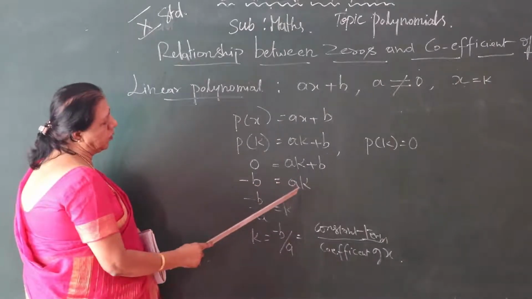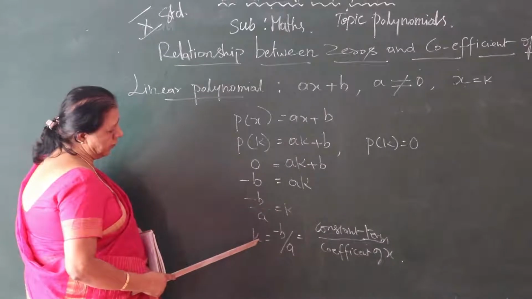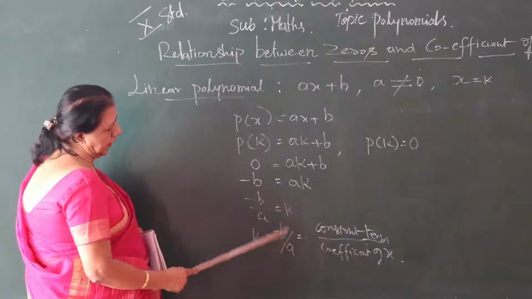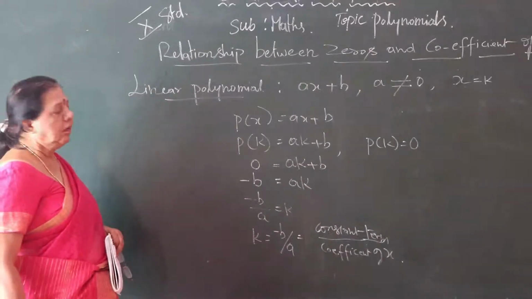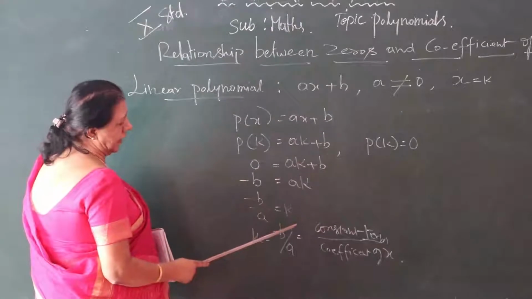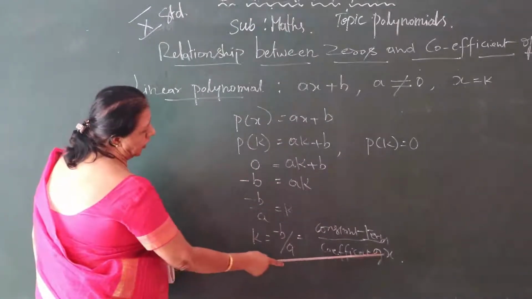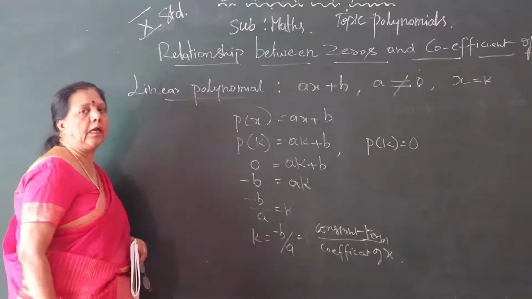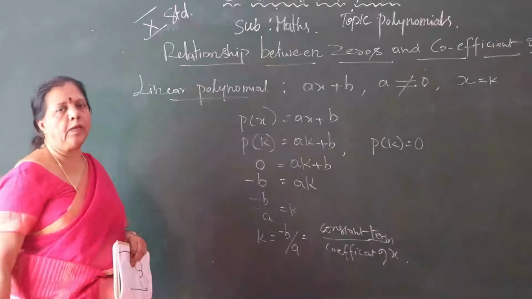Minus b is equal to ak. Minus b by a is equal to k. Therefore, k is equal to minus b by a. Here you see b is a constant, because in a linear polynomial, b is a constant. A is the coefficient of x. This is the interpretation of linear polynomial.